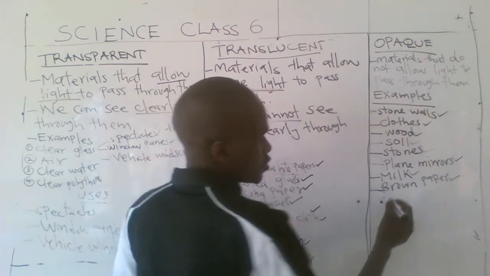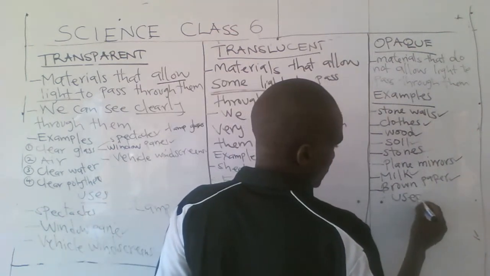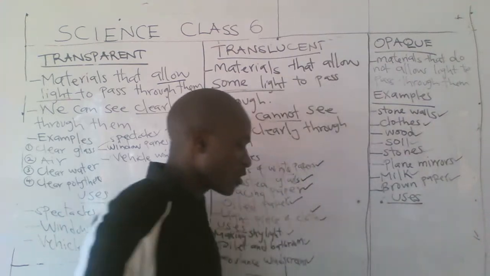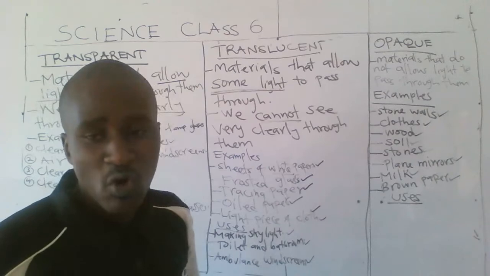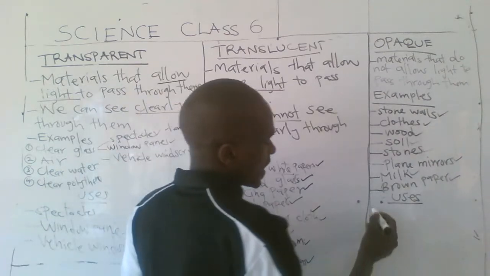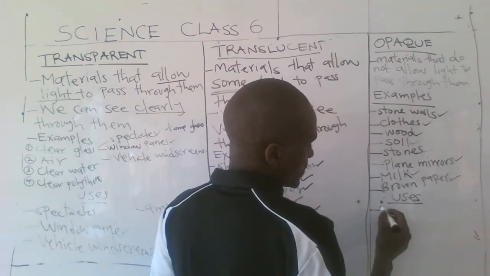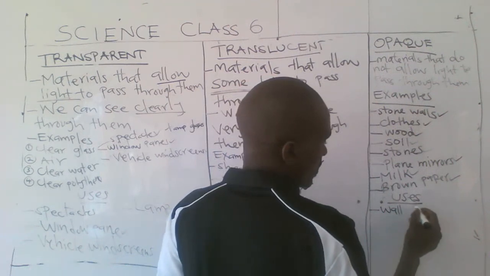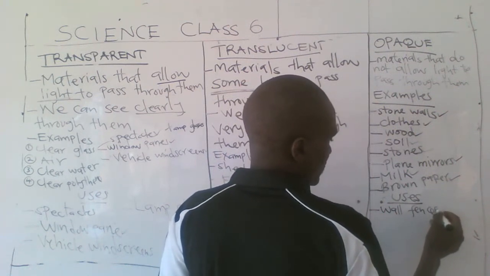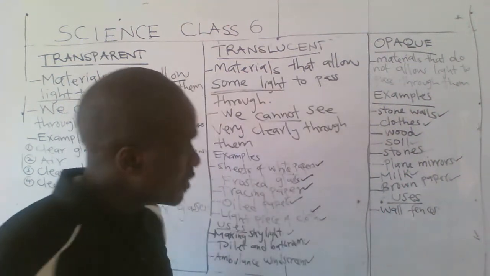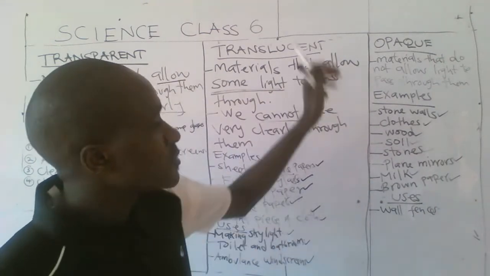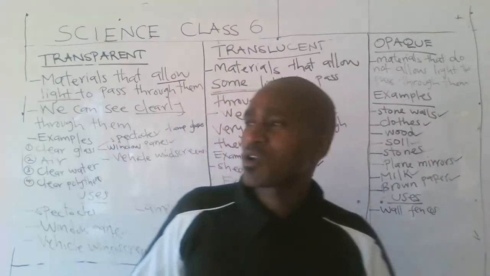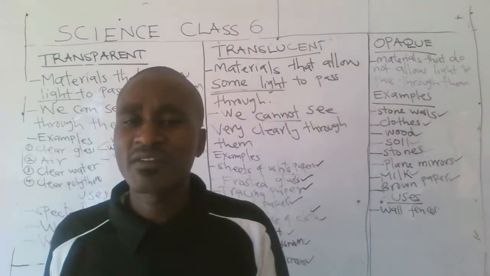So let's come to uses of opaque objects. Now, where do we use these opaque objects? One, we use opaque objects to make wall fences. When you see walls, most are opaque objects, we use them for privacy. So, what's the work of the wall at home? What's the work of the fence?